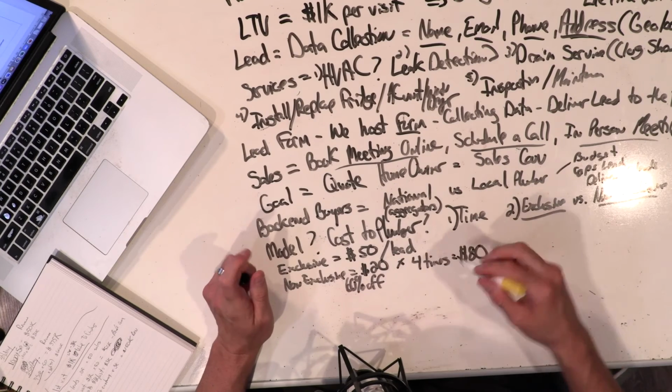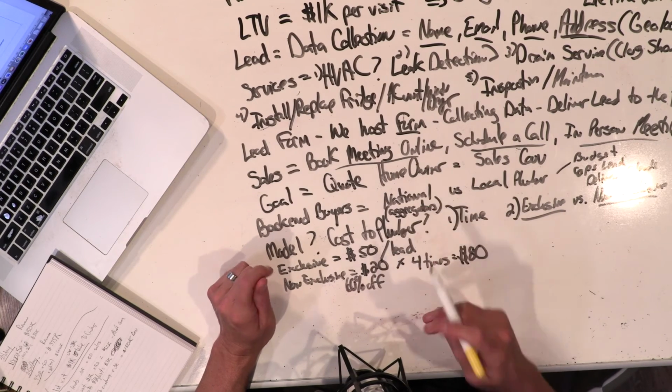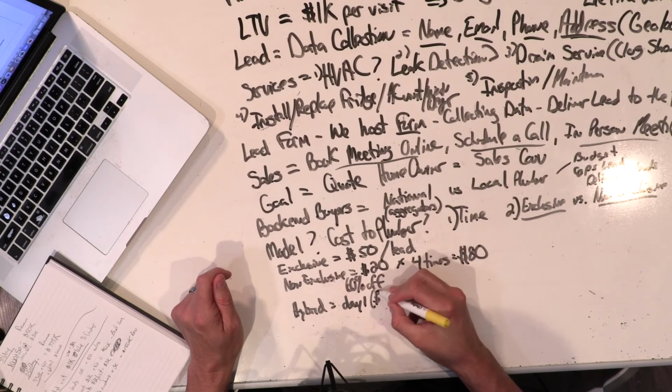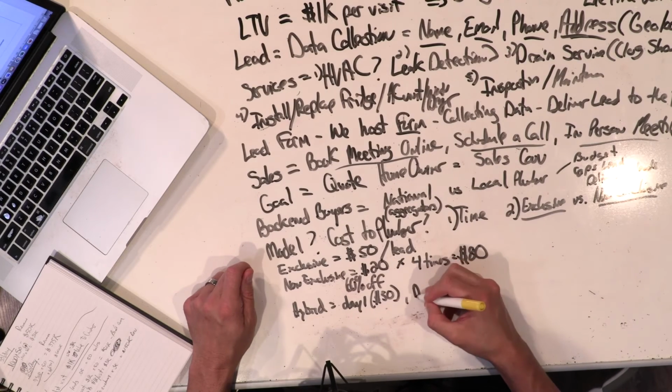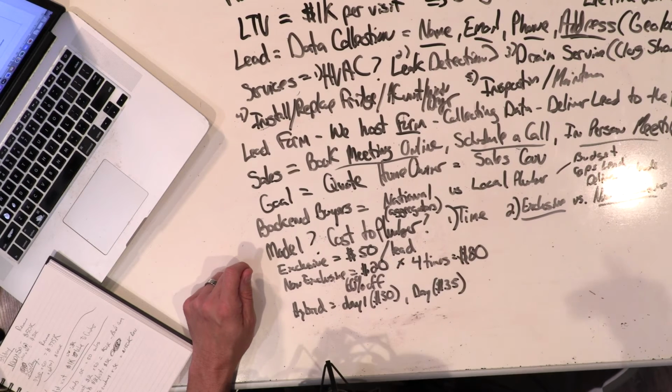So you're selling here where it's 20, but let me show you a hybrid version. In this scenario, let's say day 1, you're gonna sell it for 50 bucks. Then day 2, you're gonna sell it for $35, right? So we're taking the price down because they're getting it on the second day, but who knows what that plumber's doing?